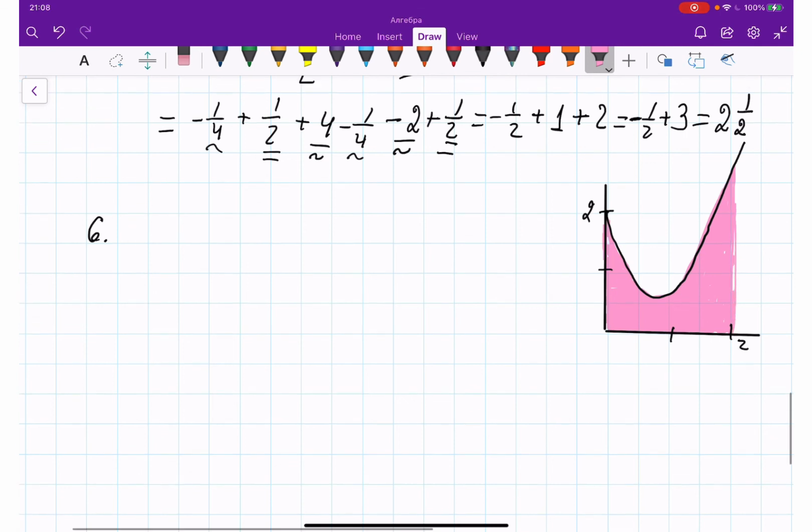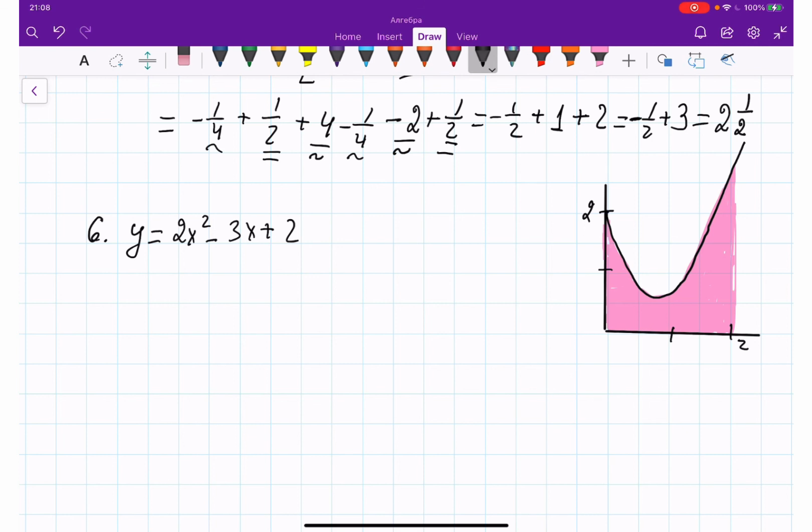Good enough. So we have y is equal to 2x squared minus 3x plus 2. This is the graph we see here. All right, so we need to find the area of the region bounded by the graph of 2x squared minus 3x plus 2. Okay, so what is going to be our boundary?